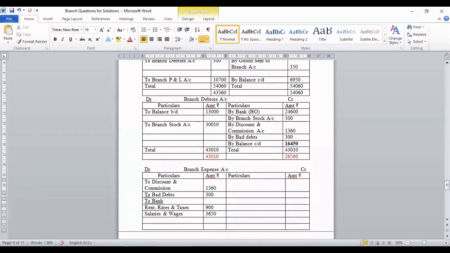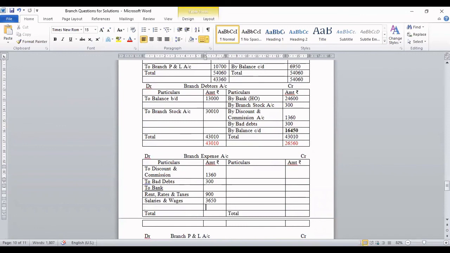Now close this branch expense also. Yes, tell me the amount. 6210. This will come here. We have to transfer it to which account?